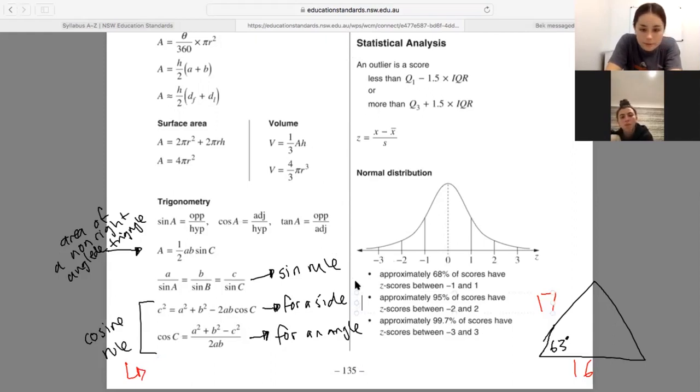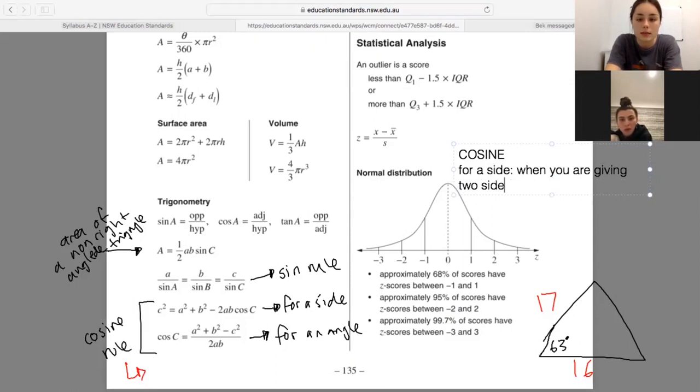I'm going to write it up here. For cosine, side: given two sides and an included angle.